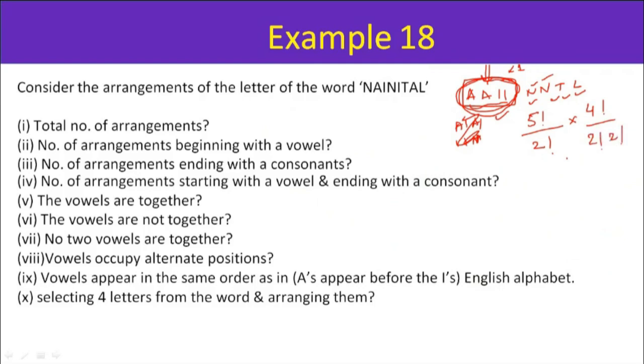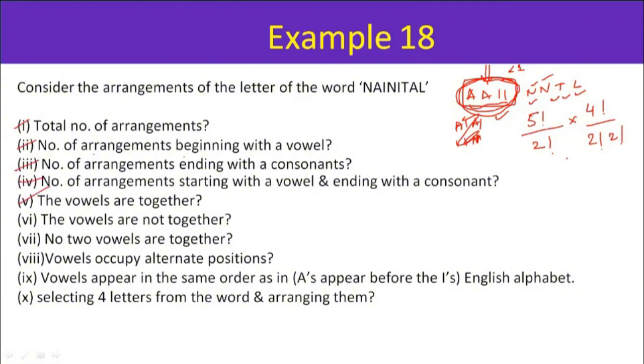Because I have 2 A's and 2 I's. So the answer to this question becomes this. That 4 factorial is because they can interchange. Yes, this 4 factorial is because I have 4 letters in this box, right? So even within the box, I can shuffle them. Fair? Good. We have done first, second, third, fourth, fifth.